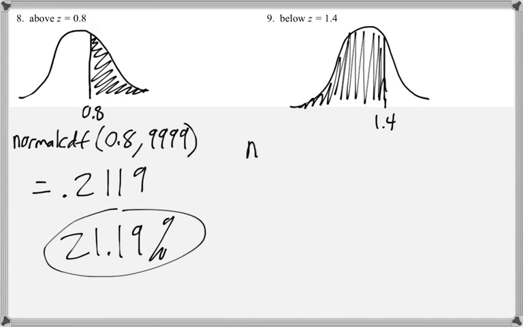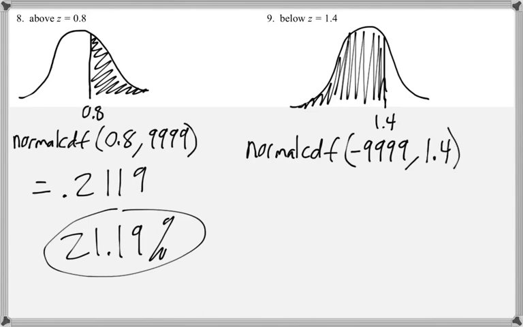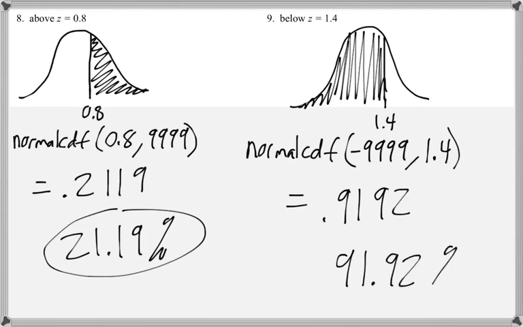So I would type in normal CDF, and then the lower bound is negative infinity, but I would type in negative 9,999, and then up to 1.4. So this is equal to 0.9192, which is 91.92%.